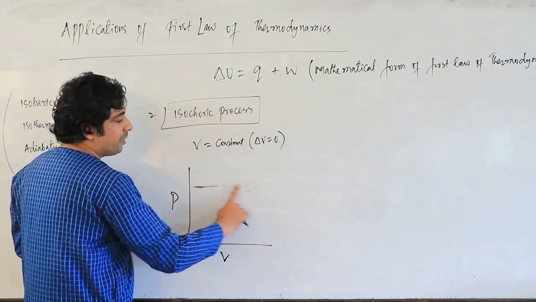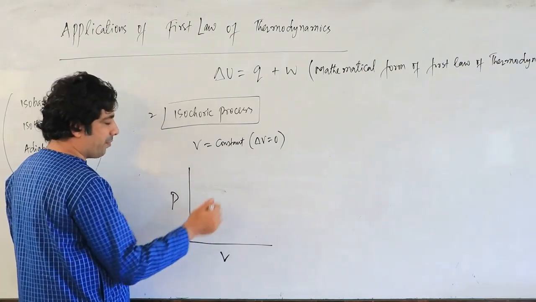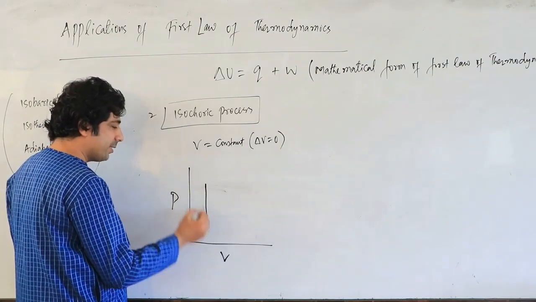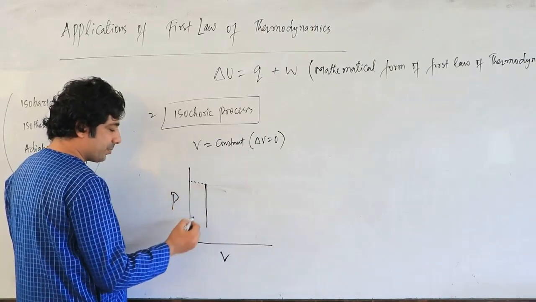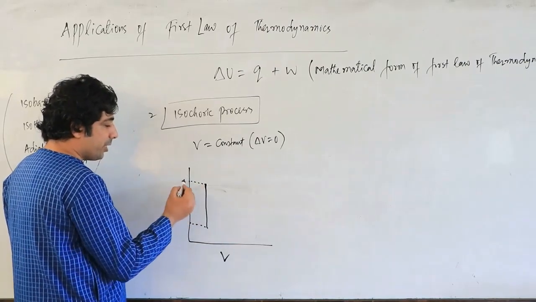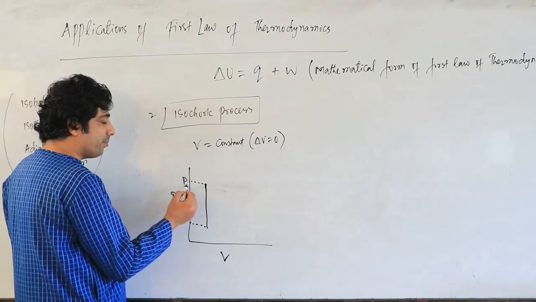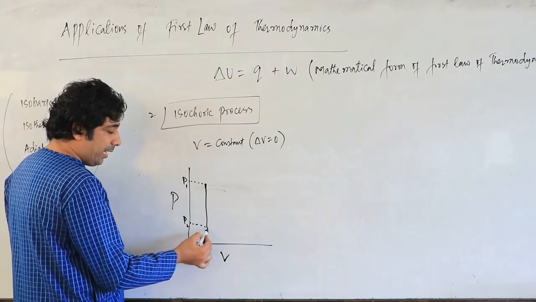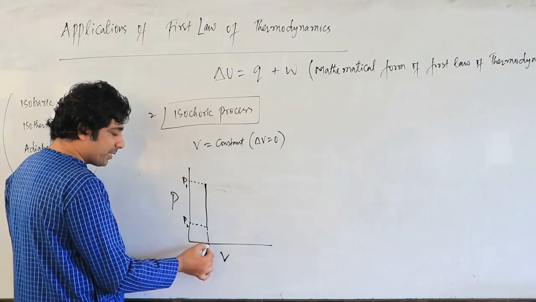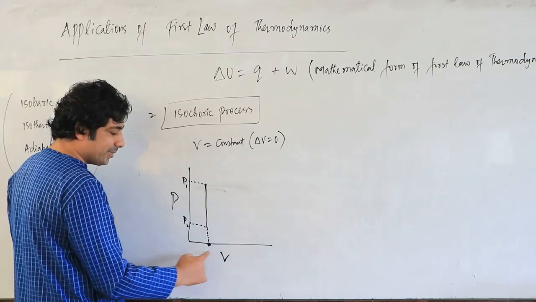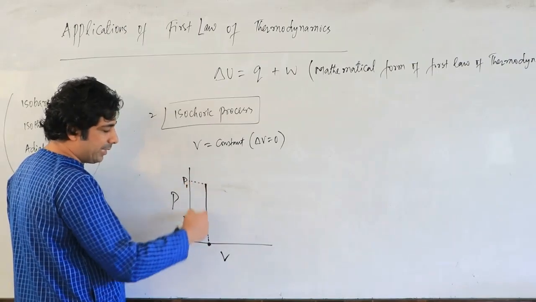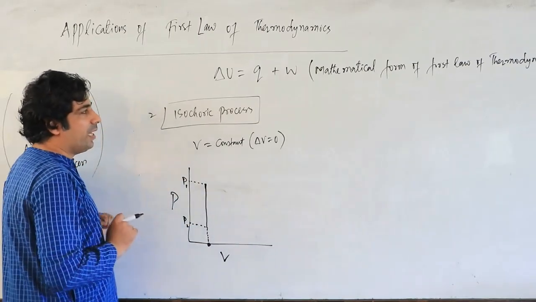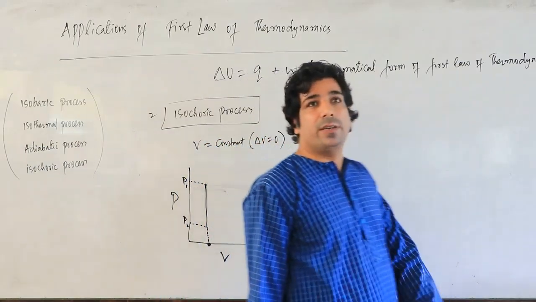But if volume is constant, a line will come like this. This tells you that the pressure is changing, let's suppose from P1 to P2. But along this line, volume is constant, fixed. So this is the graph for the isochoric process between pressure and volume.